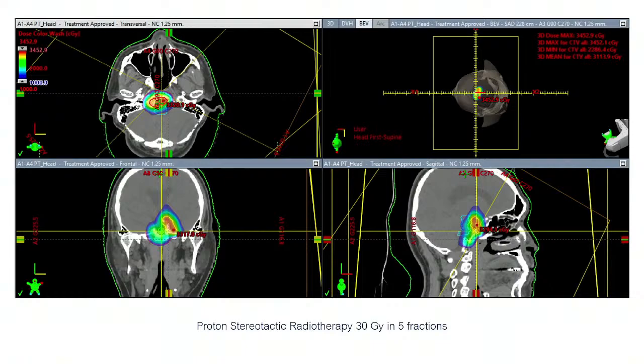After that, we have the dose like this. This is the dose color wash, which shows the dose of radiation that the tumor received.